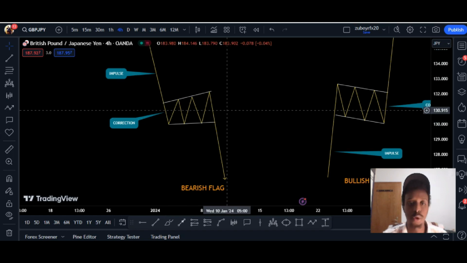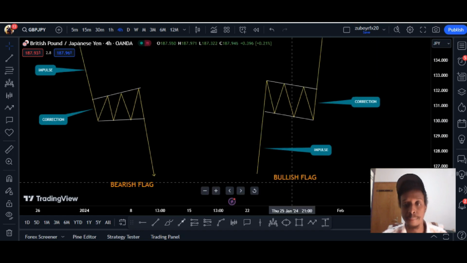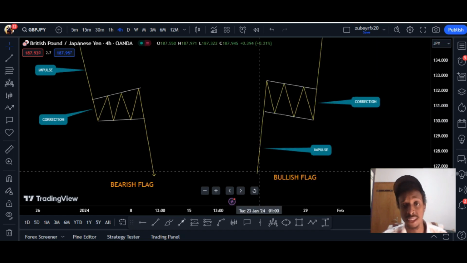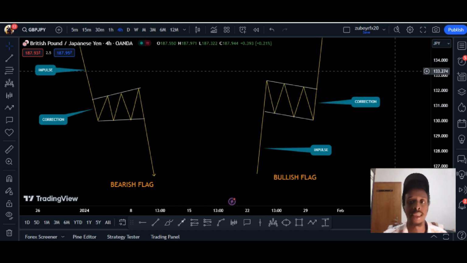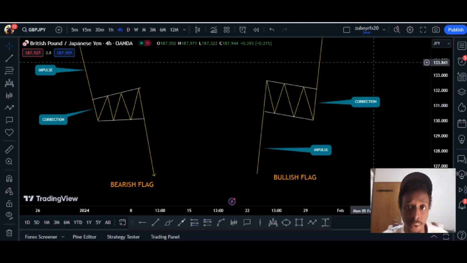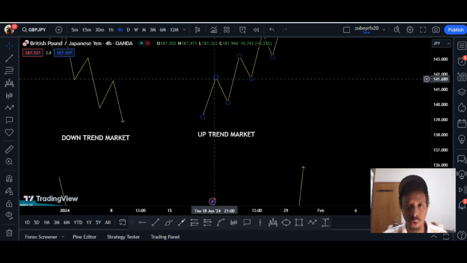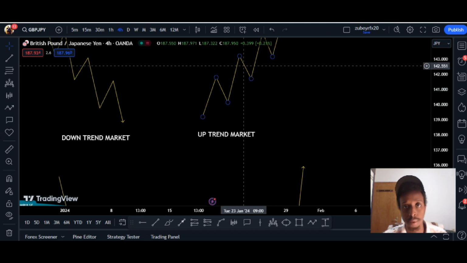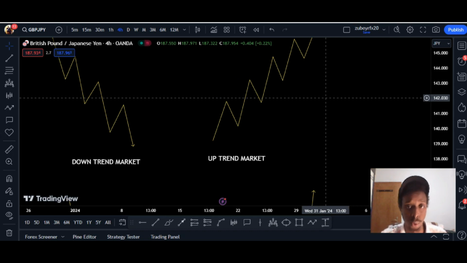This one we call a bearish flag or bearish continuation, as you know. The second one is a bullish flag, and you can see we are getting an impulse, then again a correction, and then another impulse. This is how every time the market moves, impulse, correction, impulse, correction, and every time it moves up. That's why it makes higher highs and higher lows.